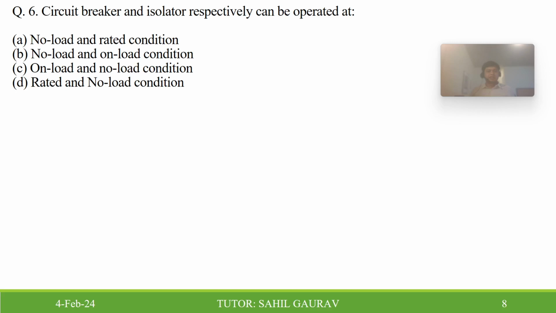It is not related to rated or non-rated. Our system need not always be at rated condition. It may be running at a lower value or a little bit higher value also. So C option is correct. It is just adding options and making the students a little bit confused.